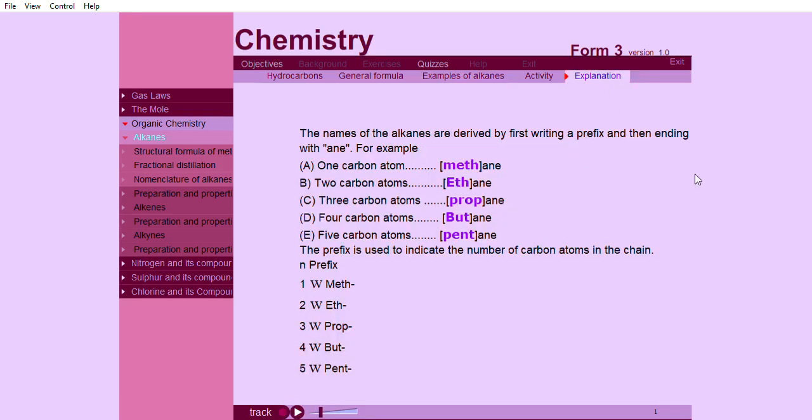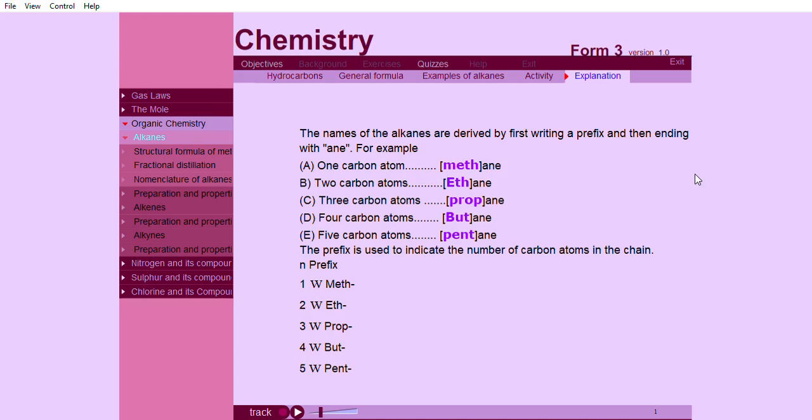The names of the alkanes are derived by first writing a prefix and then ending with a-n-e. For example, 1 carbon atom, methane. 2 carbon atoms, ethane. 3 carbon atoms, propane. 4 carbon atoms, butane. 5 carbon atoms, pentane.